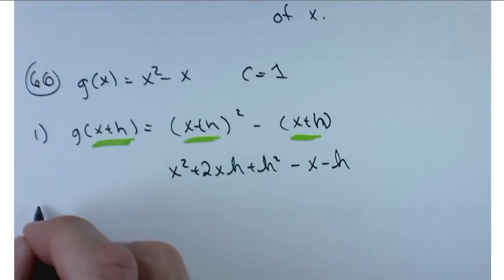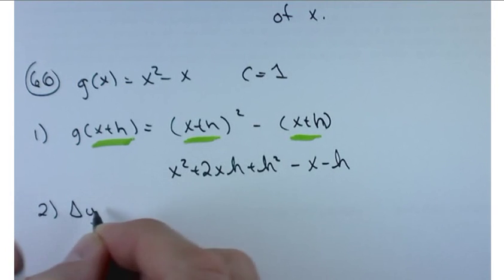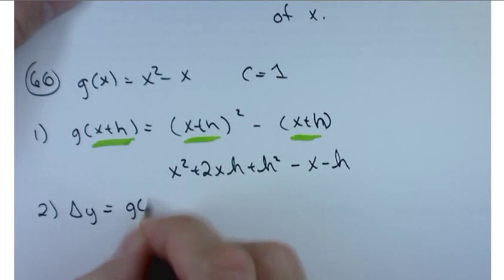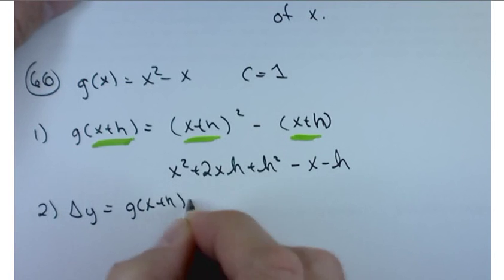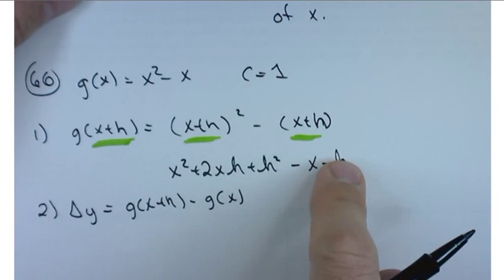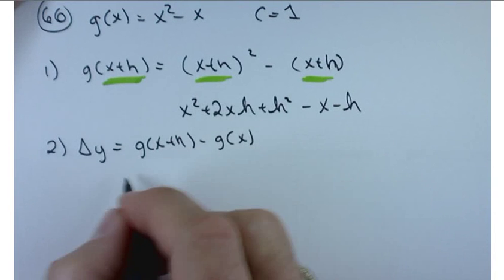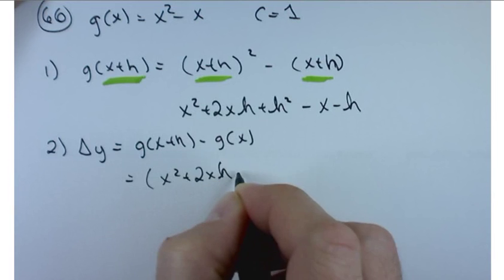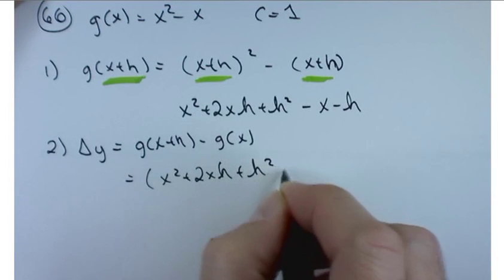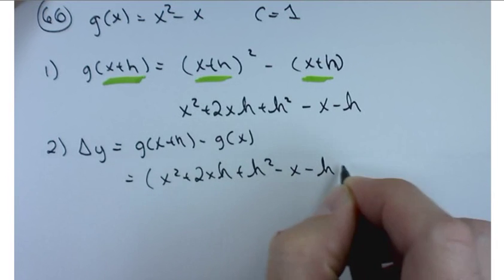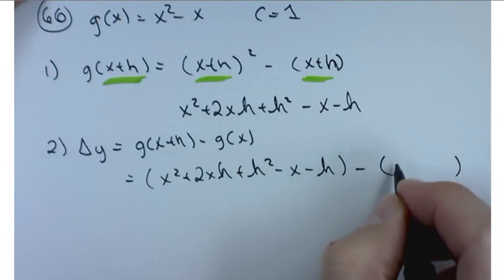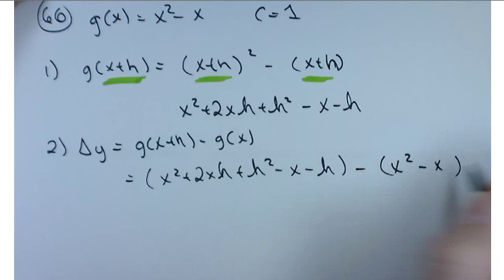Let's move on to the second part, calculating delta y. For delta y, I want g of x plus h minus g of x. So what we just calculated minus the original function. So that's x squared plus 2xh plus h squared minus x minus h minus the original function, x squared minus x.